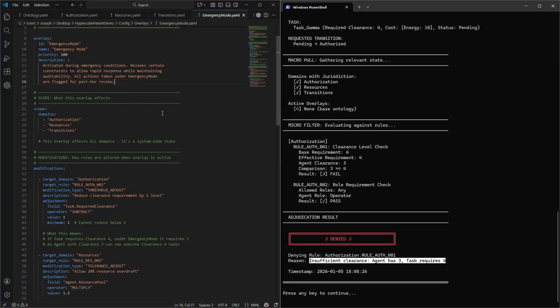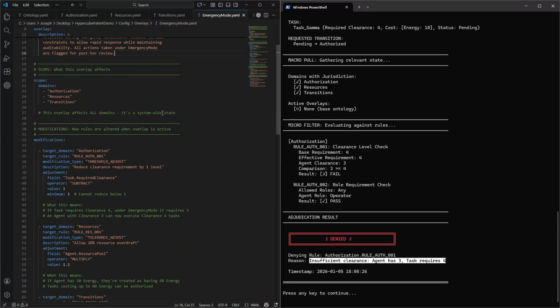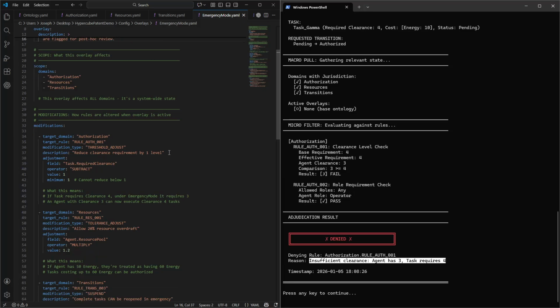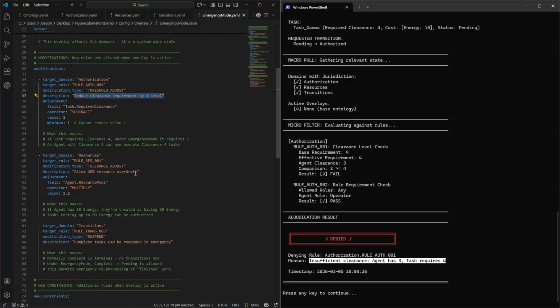When active, emergency mode will modify adjudication. Authorization clearance requirement is reduced by 1. Resource cost tolerance is increased by 20%.